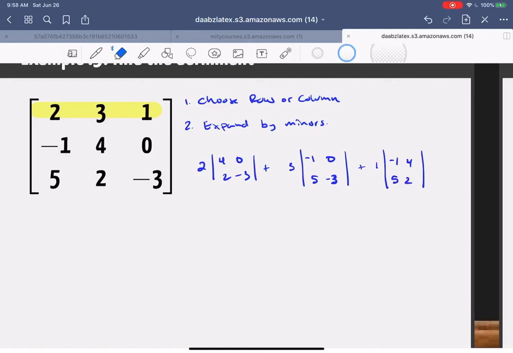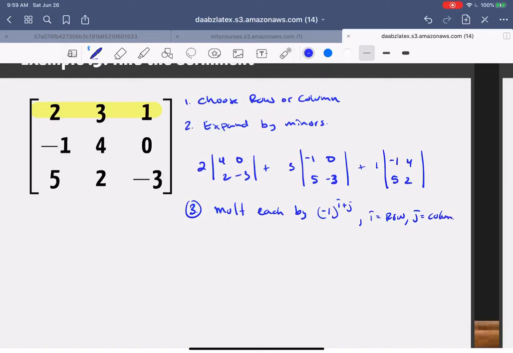The third step, important step, is to multiply each of these by -1 to the i plus j, where i plus j is the index. i is equal to the row, j is equal to the column.